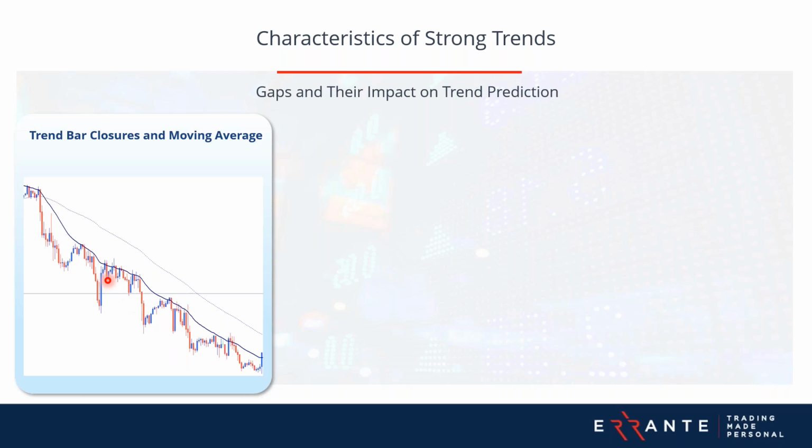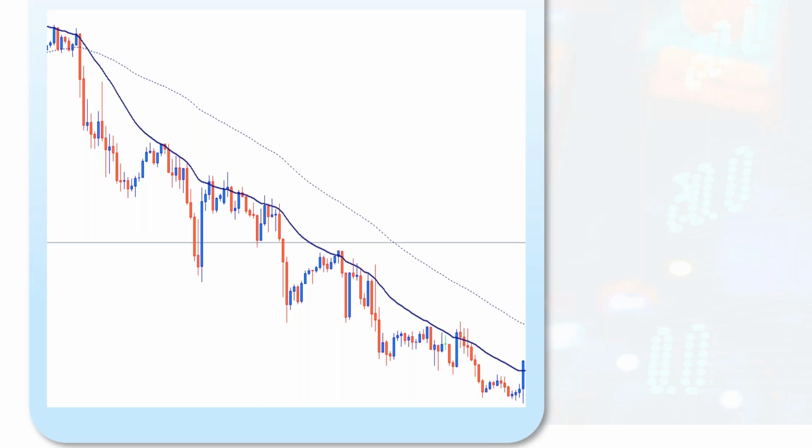As you see, we don't discuss the shadows. We are just talking about the closing above or below the moving average, or let's say on one side of the moving average consistently.